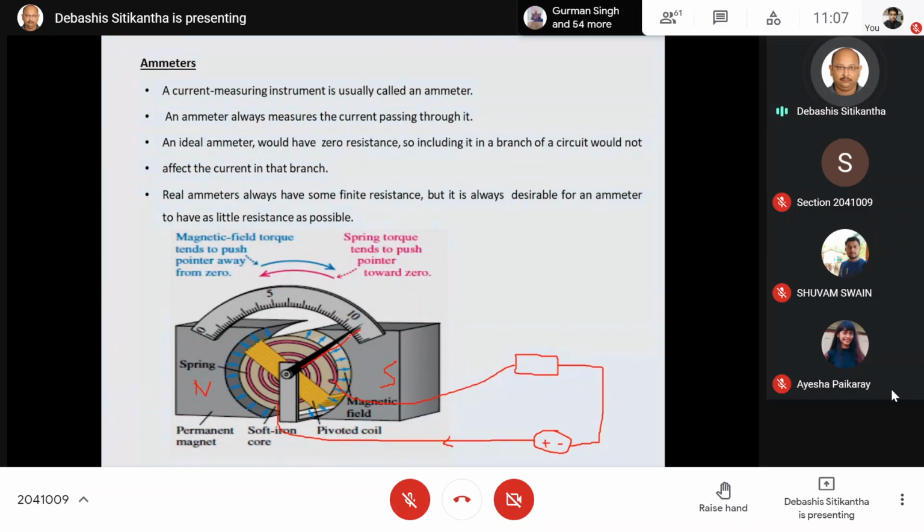Similarly, if the value of the current is large, then obviously the angle by which the pointer is going to be deflected is going to be high. And in this way, it is going to show you a higher reading of the current on the graduated scale. So this is basically the idea behind the working of an ammeter.